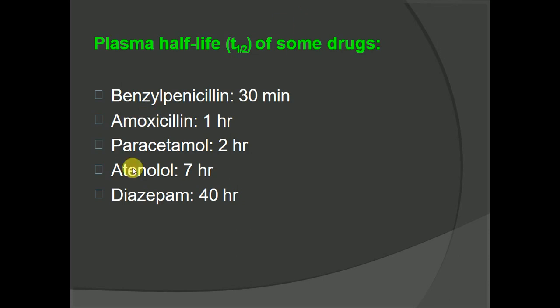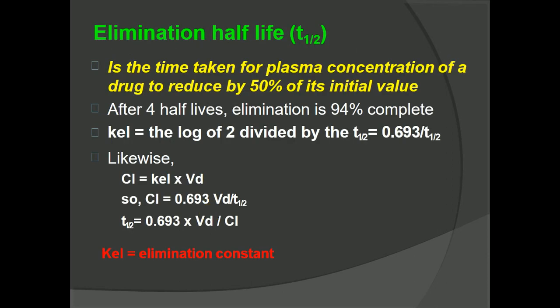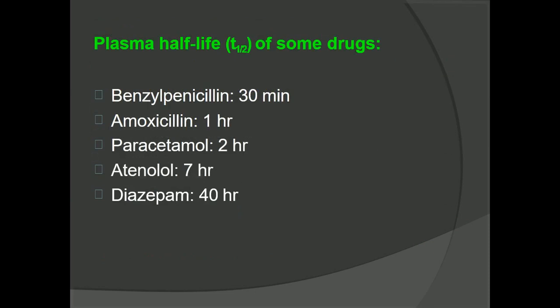So the half-life of benzyl penicillin is less than amoxicillin, then paracetamol, then atenolol and diazepam. In the next lecture we will discuss the elimination half-life of a drug, that is, how the drug is eliminated from the body.